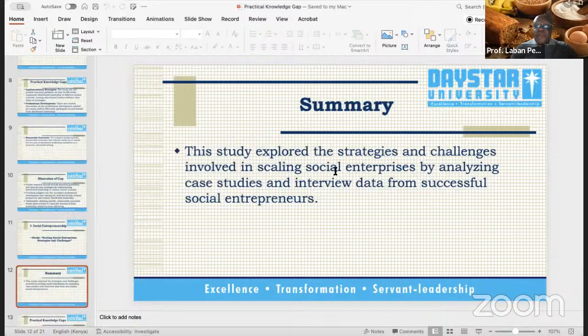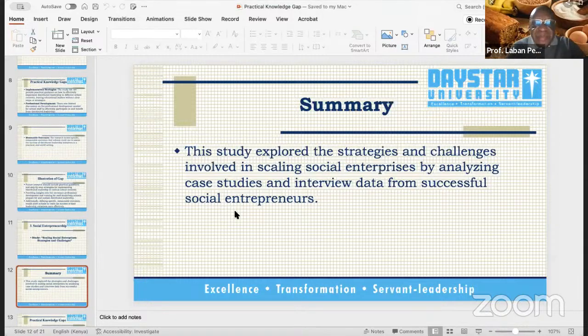The study explored the strategies and challenges involved in scaling social enterprises, taking them into practice by analyzing case studies and interview data from successful social entrepreneurs. So now you're going from theory to practice, and you're going to look at case studies.